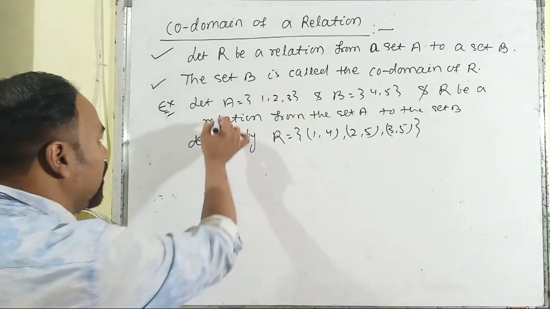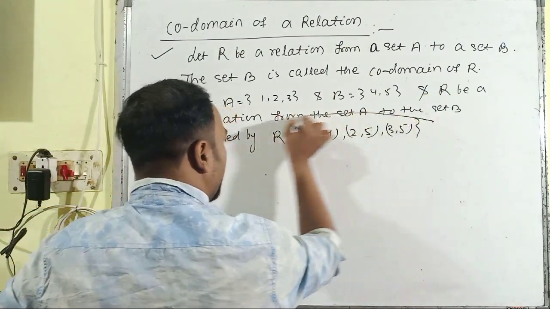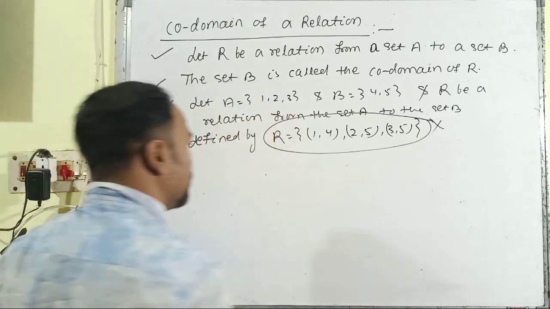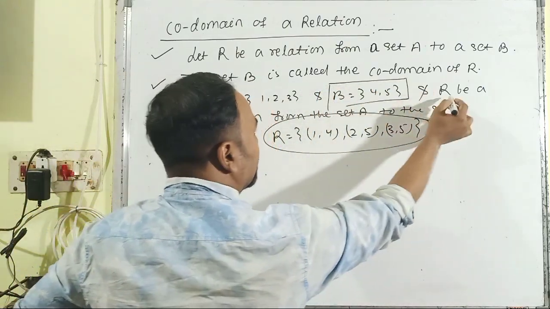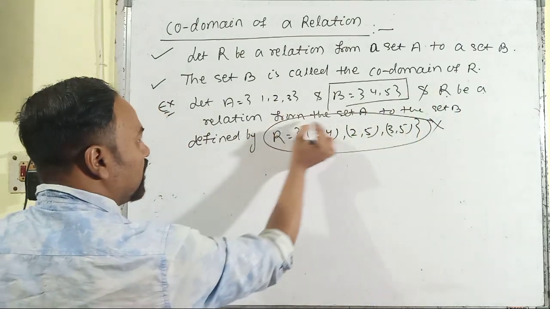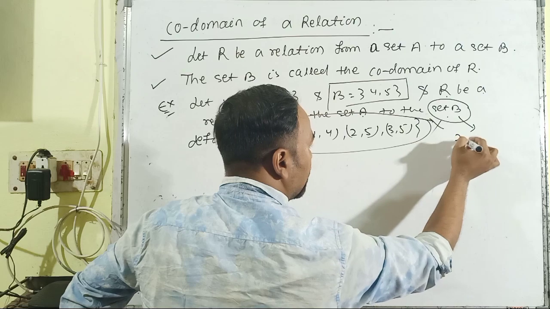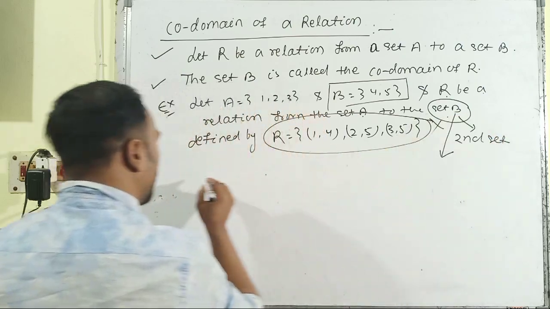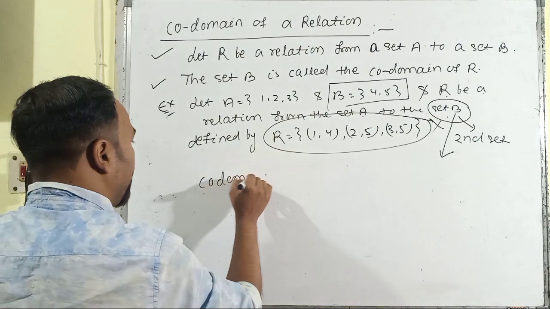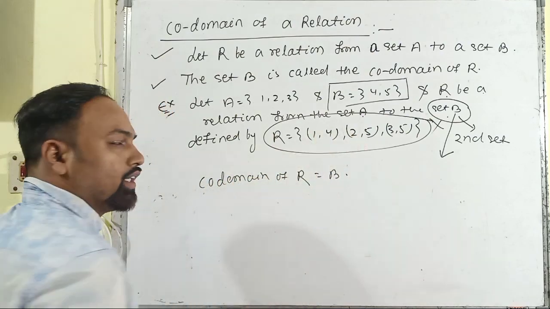Don't go for the given relation part. Just look at the second set. R is a relation from the set A to the set B, so this is the second set, and this B set is the codomain. Codomain of R is equal to B, the second set, simply.